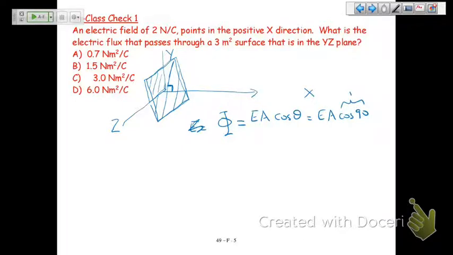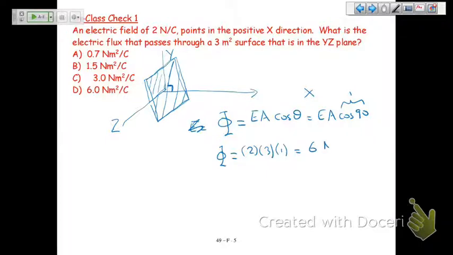So that was the easy way, and then we made it a bit more general. So flux is equal to E, which was 2, times A, which is 3. Notice by being in standard SI units, it just takes care of itself. Times 1, if you like, which equals 6. Now, I'm not finished. That's an answer that's breaking my heart. What's missing? Units.